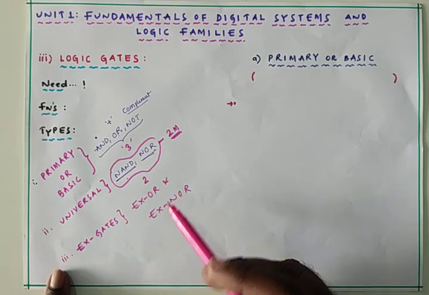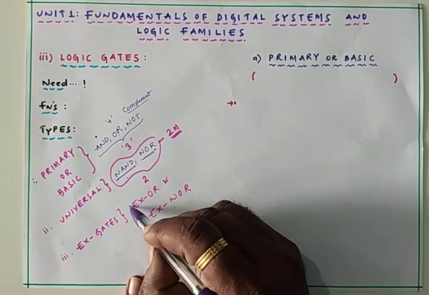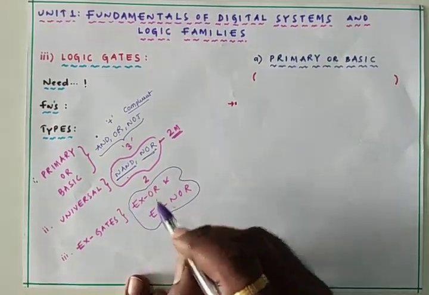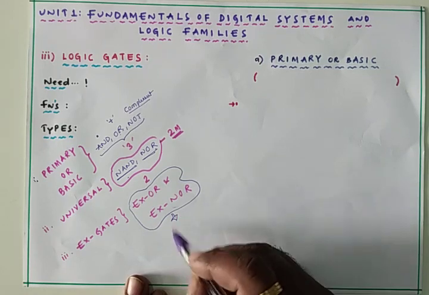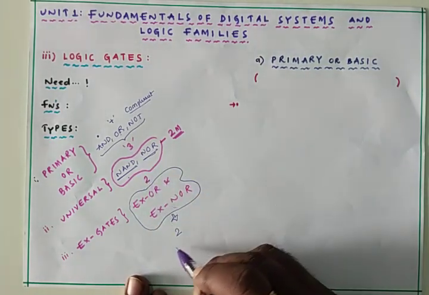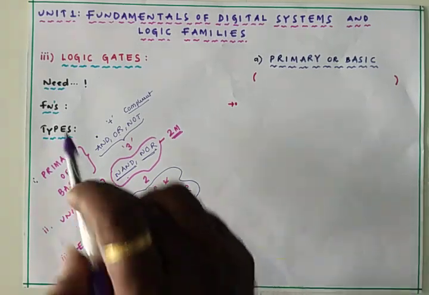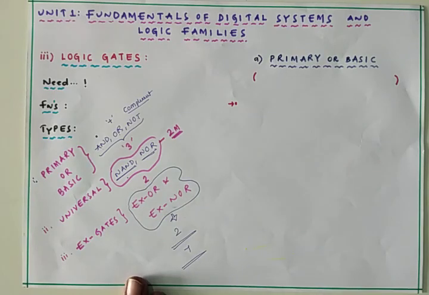These 2 logic gates are combined and named exclusive gates. Totally 3 plus 2 plus 2, that is 7 logic gates are there. These 7 logic gates are the basic building blocks of any digital system in the world.